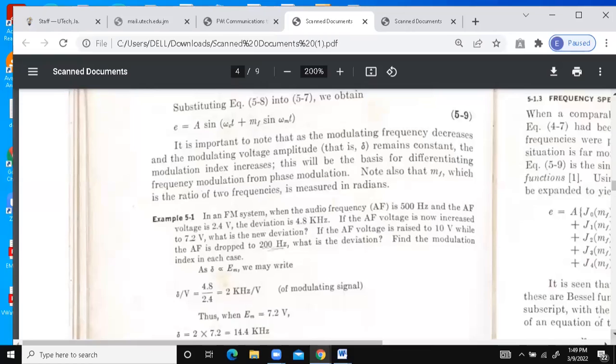So what's the modulation index? You divide the deviation by the audio frequency.